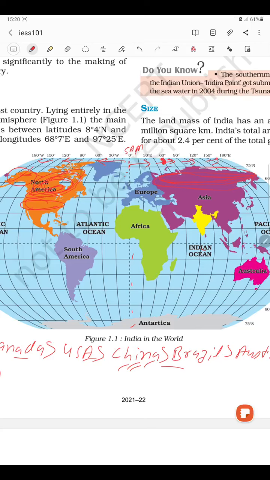So 60 degree, just divide by 4. If you divide by 4, you will get 15.